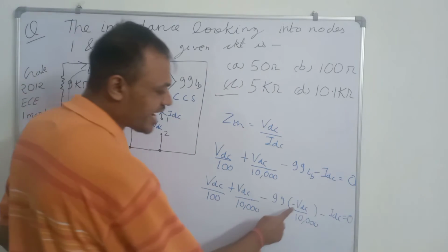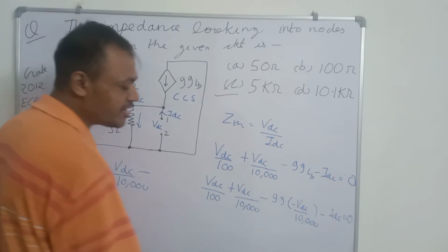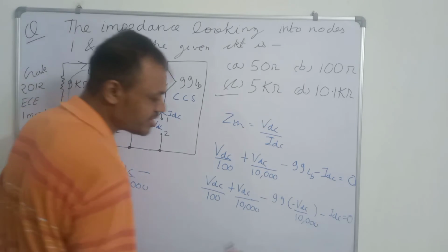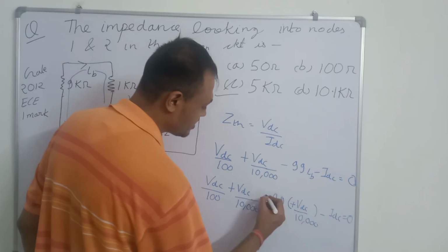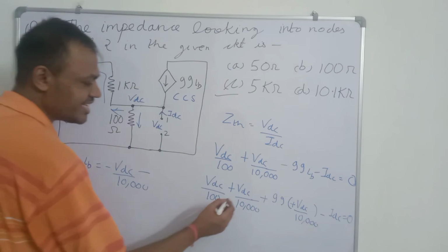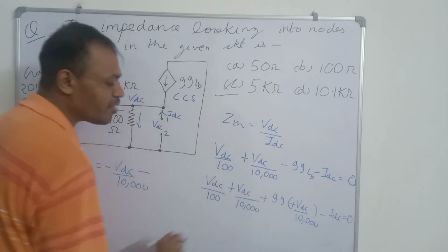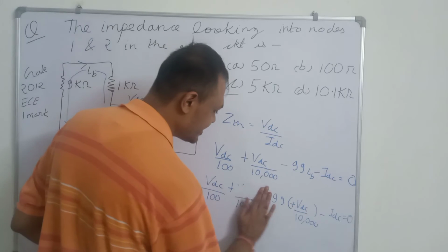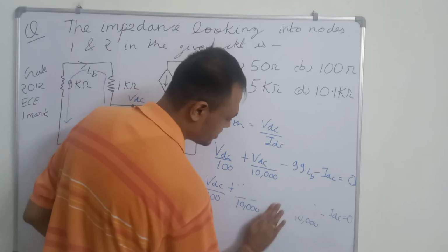This will become plus 99 VDC upon 10,000, and 99 VDC upon 10,000 plus VDC upon 10,000 will be equal to 100 VDC upon 10,000.